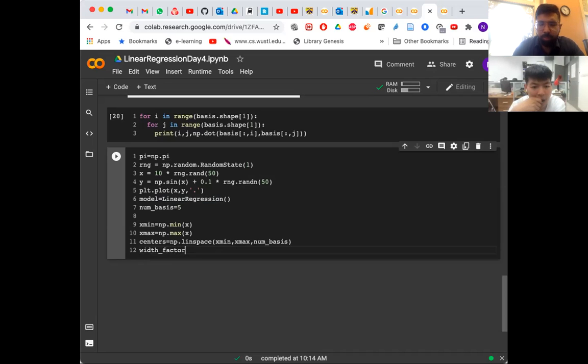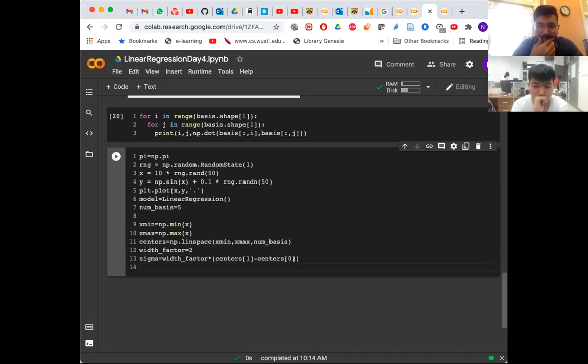I think the notes that you have choose the width factor as 2. So sigma would be width factor times centers 1 minus centers 0. This is the difference between two centers. And now I think we are good to go. We have all the centers and the sigma. We just need to calculate the bases.